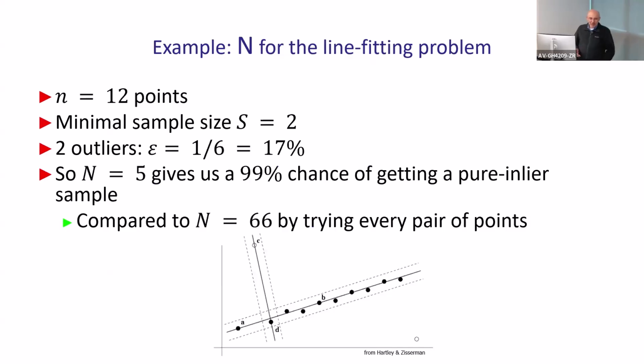So here is the example that we were using specifically. So n, for example, equals 12 points, the total number of dots here in that plot. The sample size that you need to build your model is just 2 points, which is a straight line. There are 2 outliers. And again, this typically will be just your guess. You will not know that number, but here it's obvious that you have 2 points which are very far away from the desired line. So it's approximately 17%.